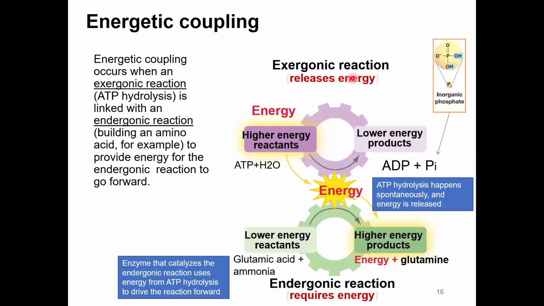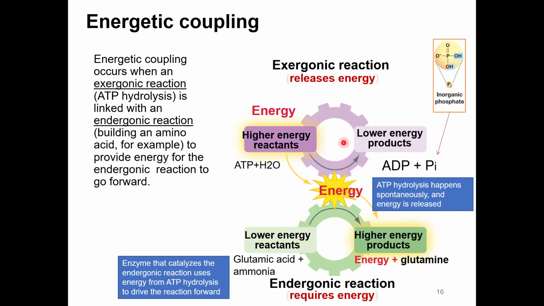Now, there is something called energetic coupling, where exergonic and endergonic reactions are basically linked together to get a certain biological process moving. So in this example here, we have ATP hydrolysis and an amino acid synthesis occurring in conjunction with each other.